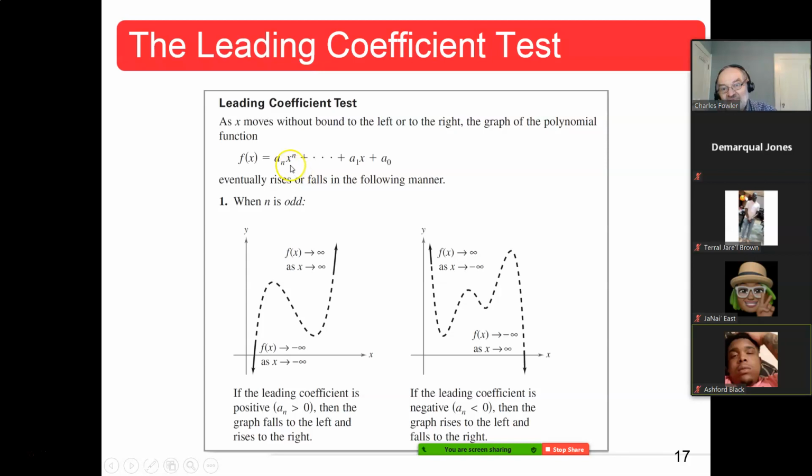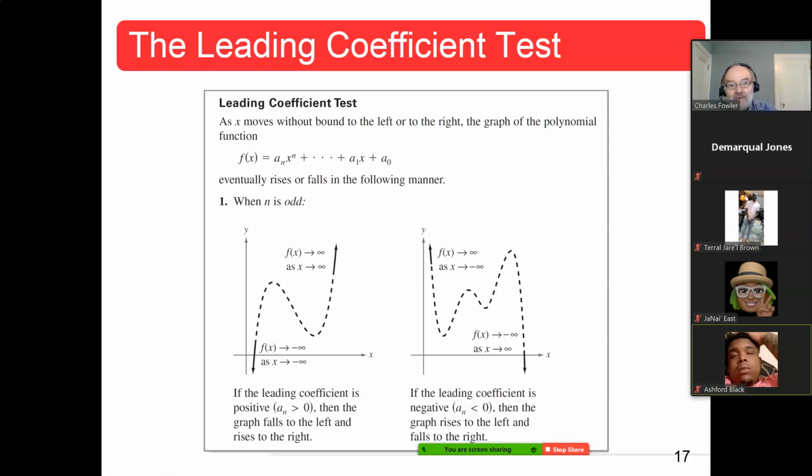But if x is very positive, x to the nth is very positive, and if that coefficient is positive, it's going very, very high to the right. So it's going toward negative infinity as x goes to negative infinity, positive infinity as x goes to positive infinity. That's if the leading coefficient is positive.